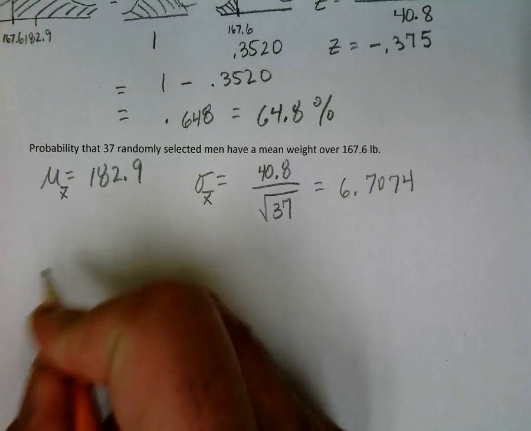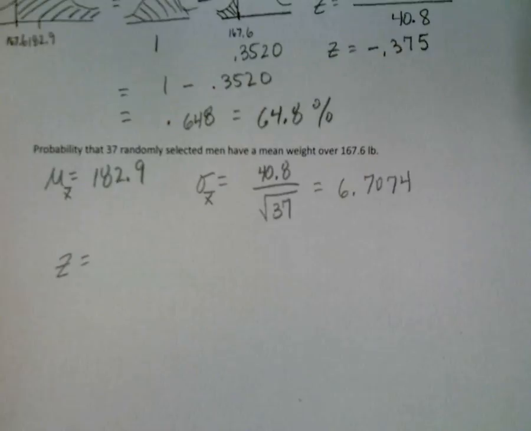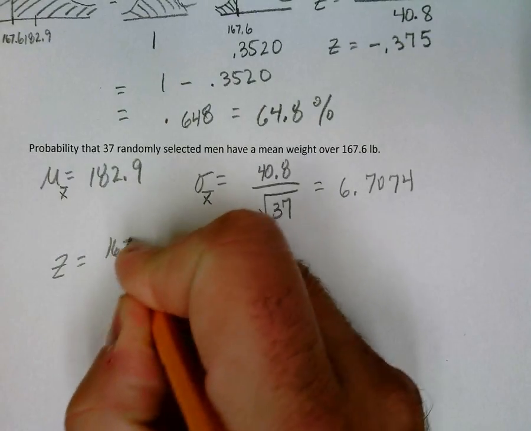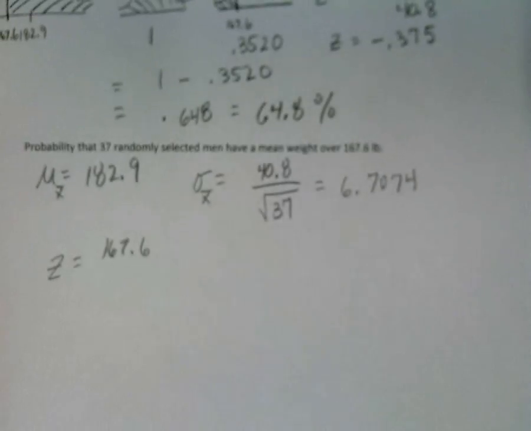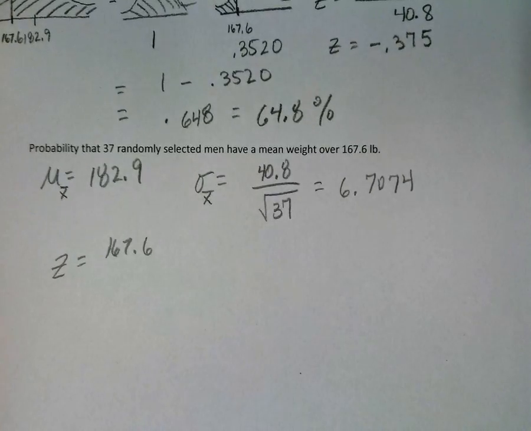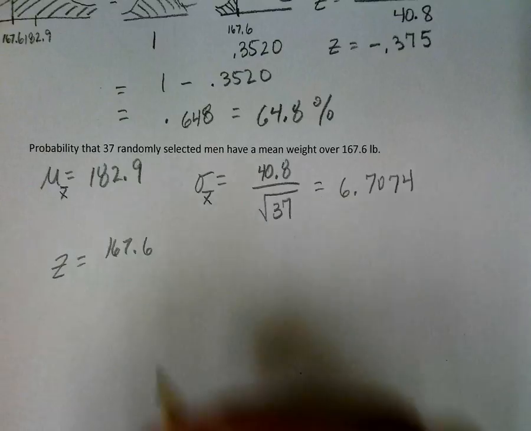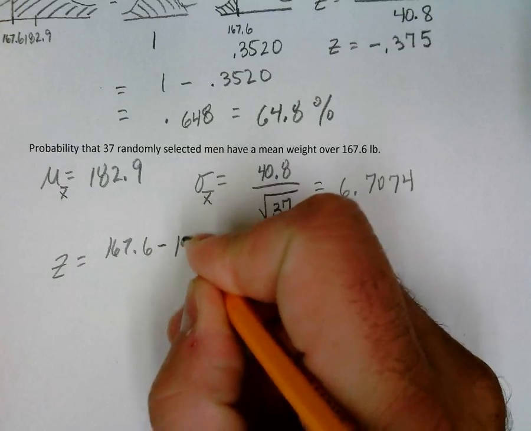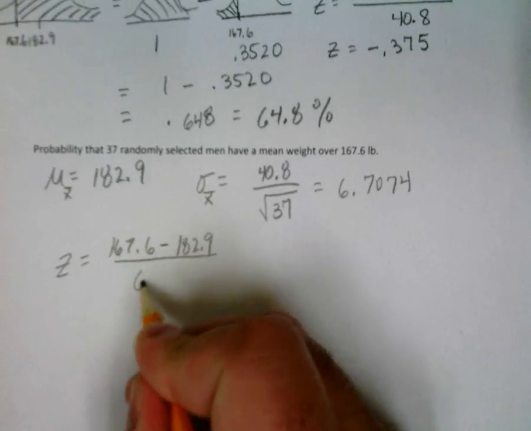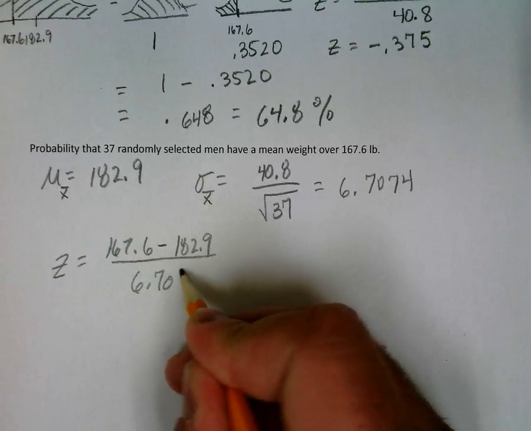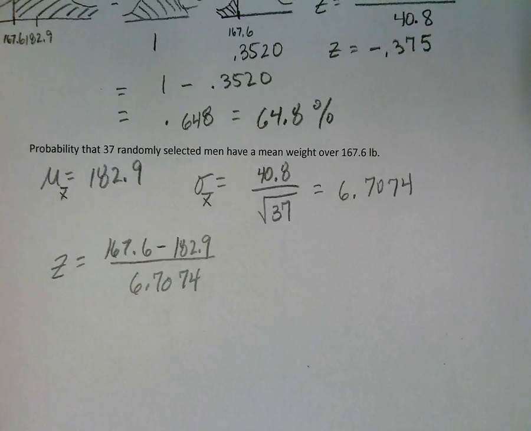So once again, we use our z-score. We're still using 167.6 as our value of x, and still have the same mean. The difference is our standard deviation has changed because our sample is 37, not 1.